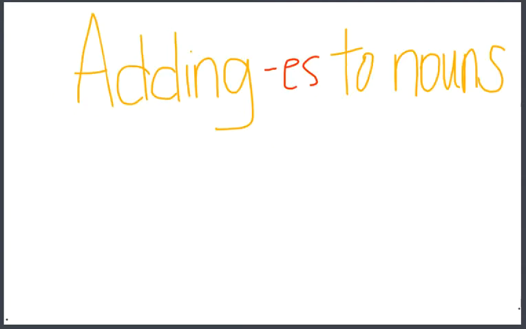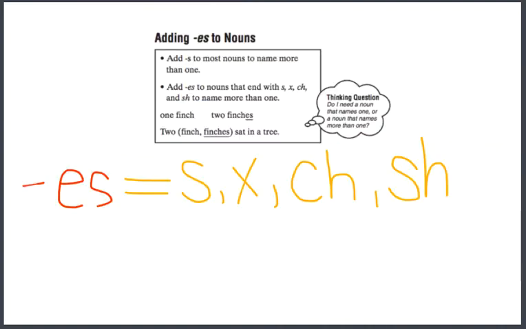We will be adding ES to nouns instead of just S. For most nouns, we just add an S to name more than one, but there are exceptions, and for those, we will be adding ES to nouns. So let's take a look.